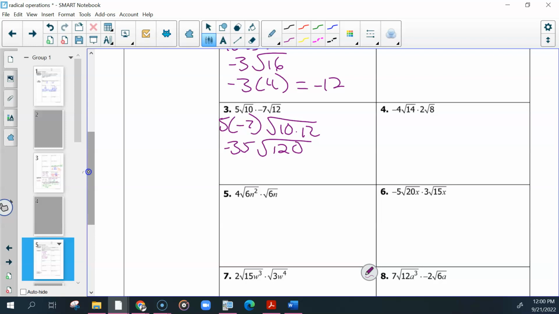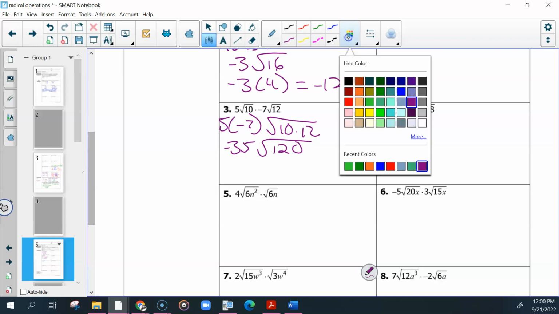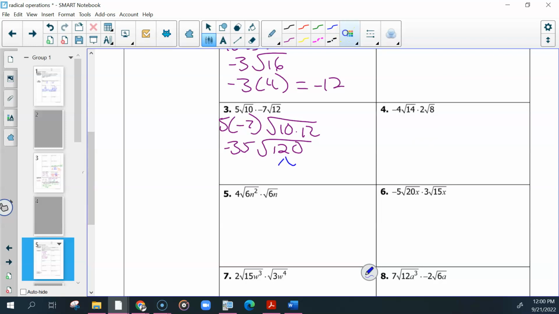Yes. So let's do a factor tree. Give me two factors of 120. 12 and 10. If that's not what you chose, you can pick two others. That's fine. We have 6 and 2, 6 is 3 and 2, and 10 is 5 and 2. So we have a group of 2's, and that's it.